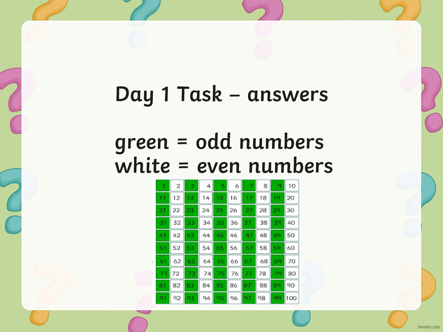The answers here, so in green we have the odd numbers and then in white the even numbers. So you should have coloured straight down in columns for each of the numbers along the top.